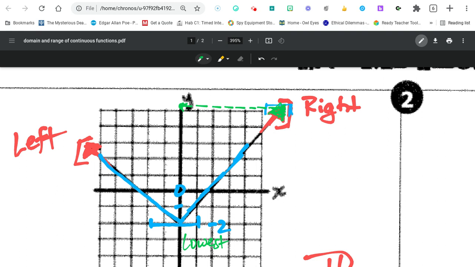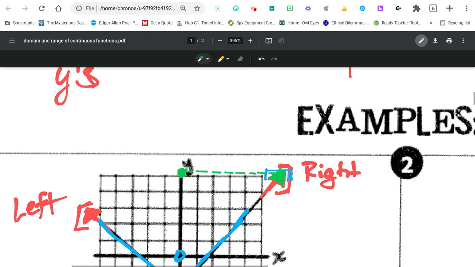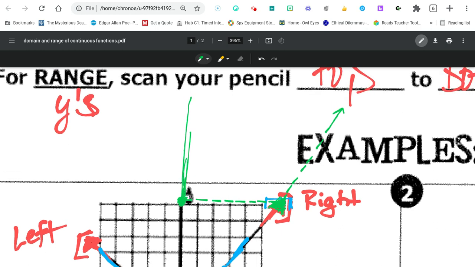And the highest point looks like it's right here on the Y. But I don't think so because this arrow keeps on going, which means this thing continues to stretch up. So if I keep drawing my Y-axis, this thing could have a Y value that was right there, but it actually keeps on going.